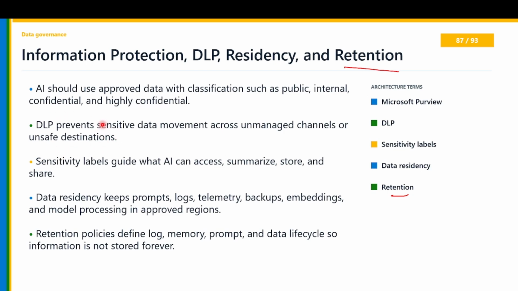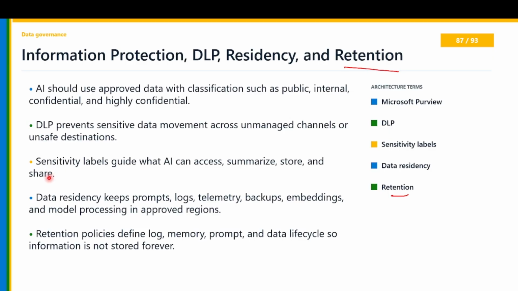You can apply this particularly to Microsoft Power Platform data in Dataverse to prevent or manage the movement of data through unmanaged channels and destinations. Then sensitivity labels guide what AI can access, what AI can summarize, what AI can store and share. There is some data it should never access, never summarize, never store, or never share.